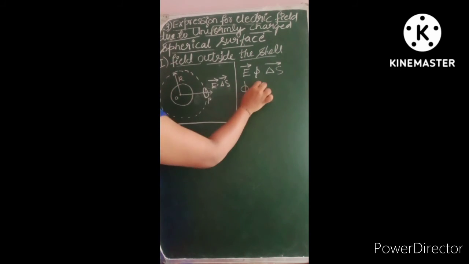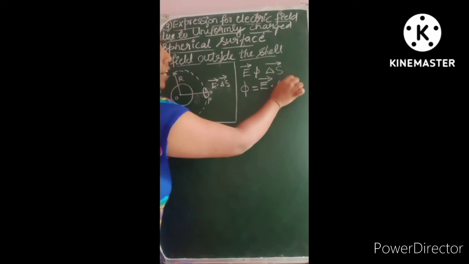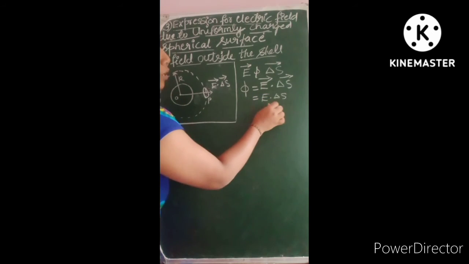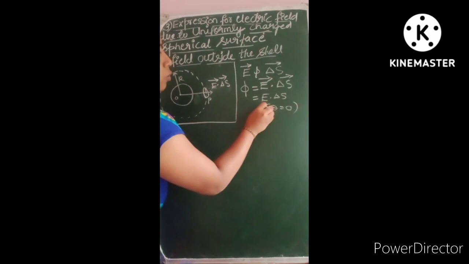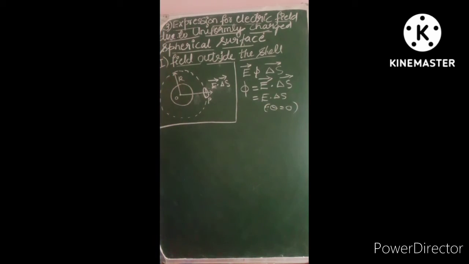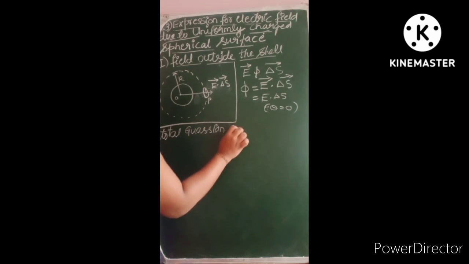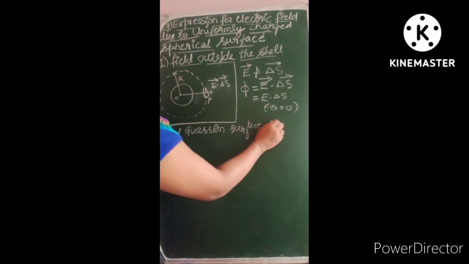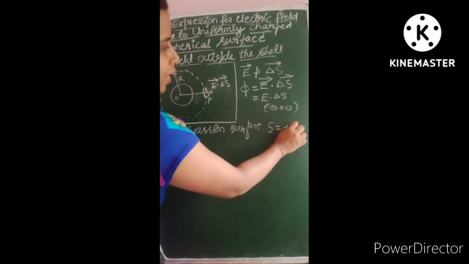and hence the flux is taken as phi is equal to the integral of E bar dot delta S bar. It is taken as E into delta S because theta is equal to 0, and hence the total Gaussian surface S is equal to 4 pi r square.